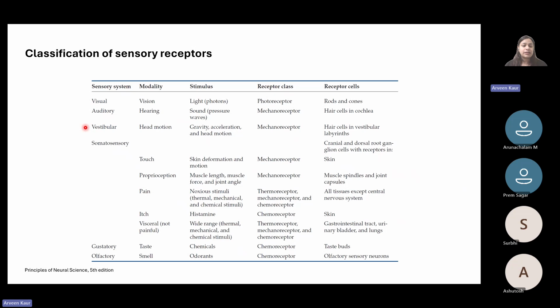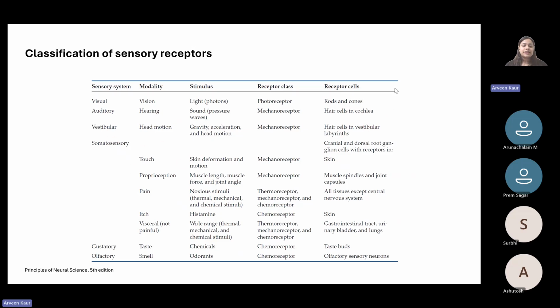Then comes the vestibular sensory system. The modality is the motion of the head, right? The stimulus is gravity, acceleration, head motion. The receptor class over here also is mechanoreceptors, and the receptor cells are hair cells in the vestibular labyrinths within the ear, right? The semicircular canals, those regions.